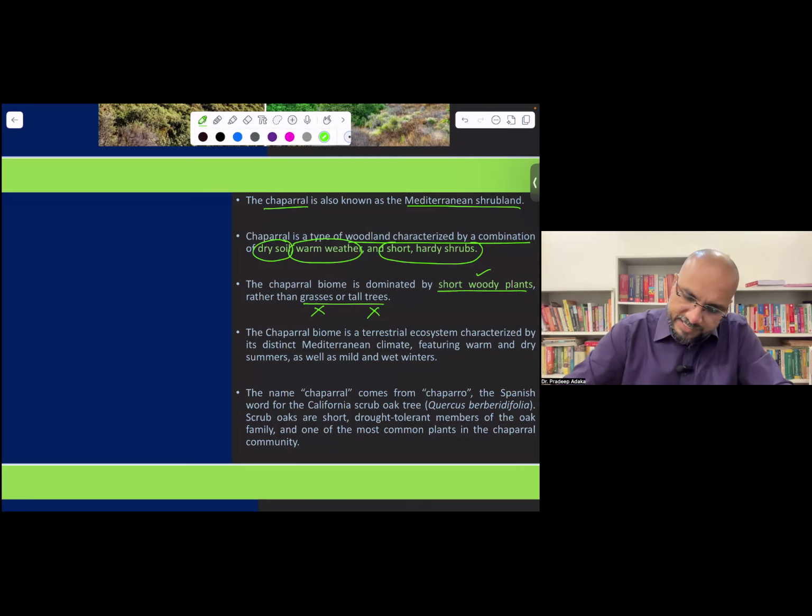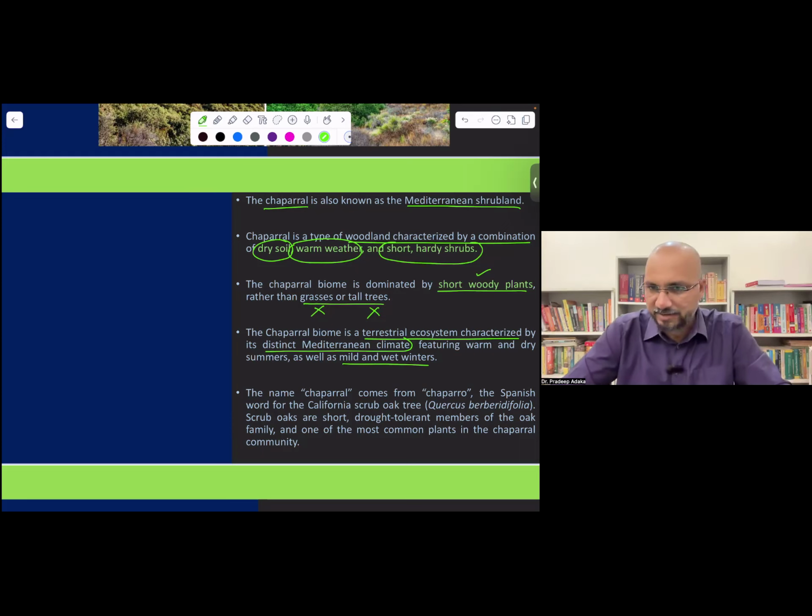Chaparral biome is a terrestrial ecosystem characterized by a distinct Mediterranean type of climate. What do you mean by that? Mediterranean climate has warm and dry summers, and mild and wet winters. Rainfall generally happens during the winters.